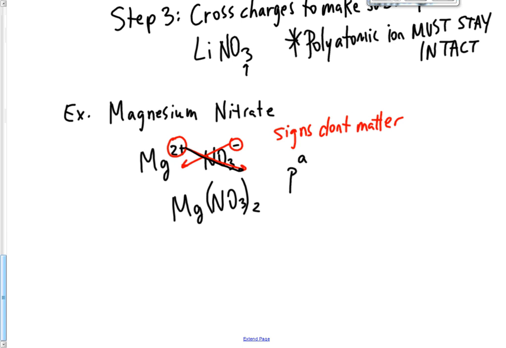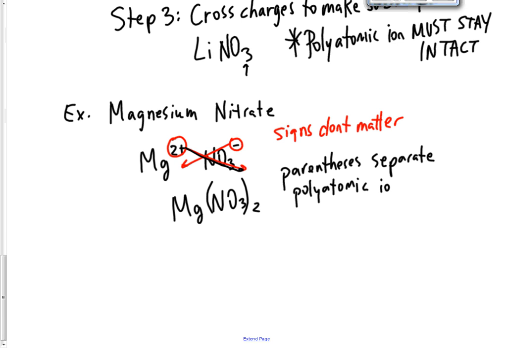I don't know what just happened. That's not right. Okay, so let's try this again. Parentheses. I don't even know how to spell that right. Parentheses separate the polyatomic ion from its subscript.